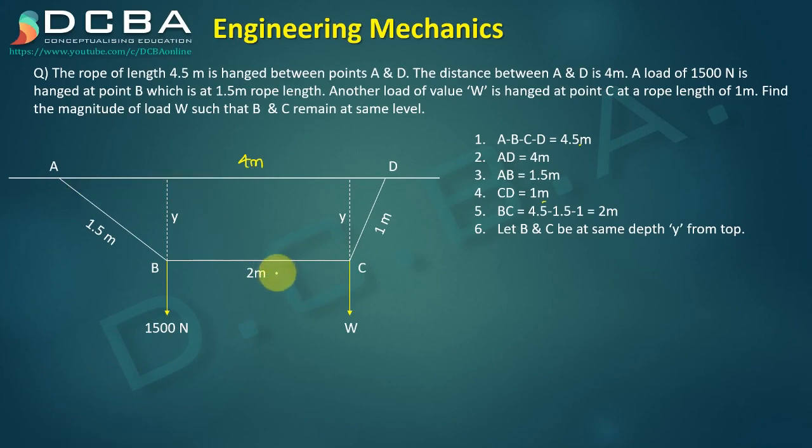Now this is a very simple problem where we have to apply Lami's theorem. Ideally, I have to apply Lami's theorem at this point because I need to find W. But when I apply it at this point, I don't know T_CB, I don't know T_CD, neither do I know W. So I cannot apply Lami's theorem at this point directly.